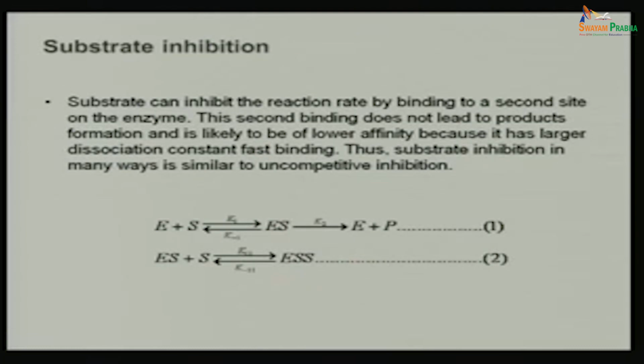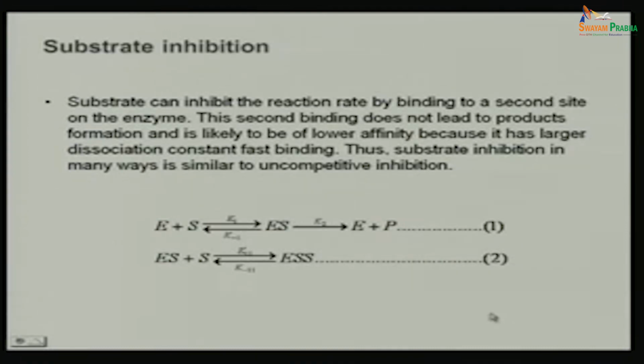So if the substrate is such that it can bind to a second site on the enzyme, then you have ES plus S giving a complex ESS. Okay. So what's the difference between these two bindings? That is written here: the second binding does not lead to product formation, only the ES can lead to product formation.